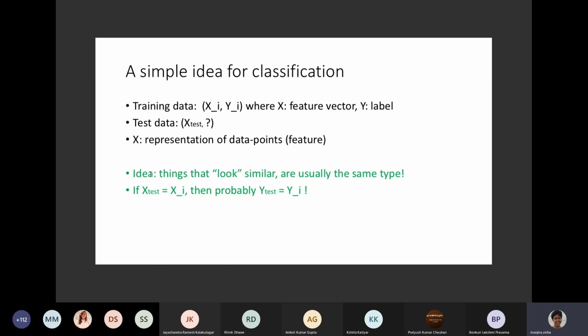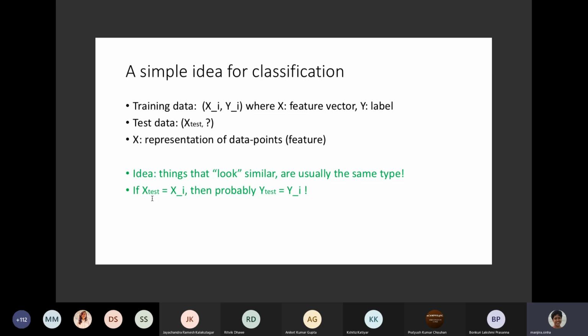This is the idea behind the k nearest neighbor, that we try to identify which training data points are similar to the test data point, and we predict that the test data point will have the same label as the similar looking training data point.